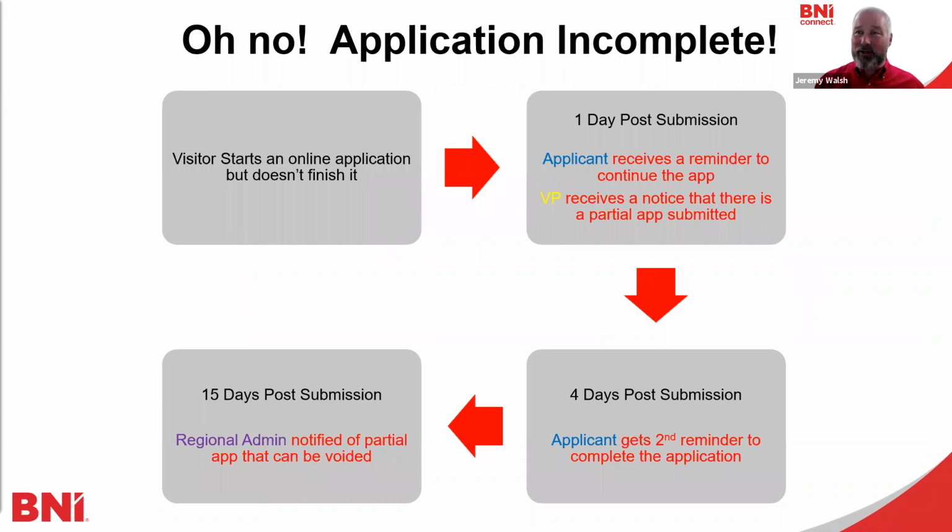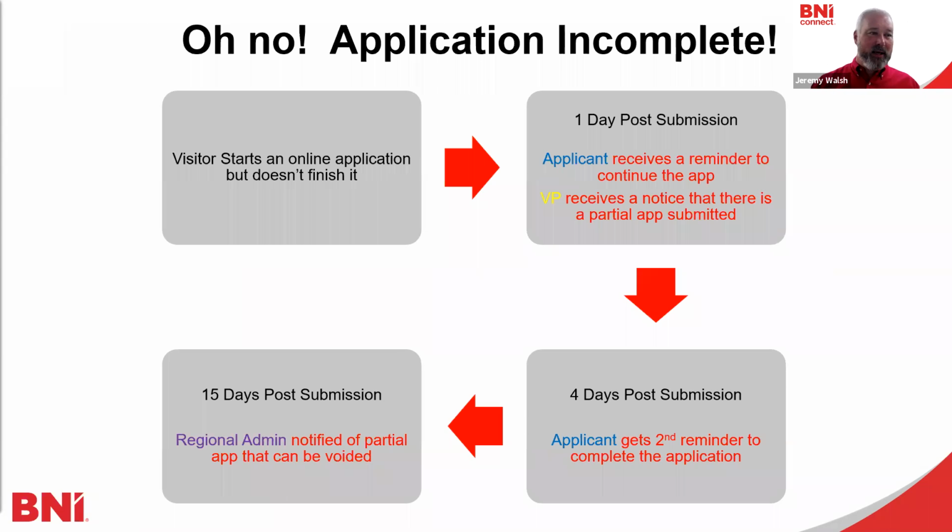Let's say the application was started but not finished. We will send the applicant and the VP a notice after 1 day that it is incomplete. After 4 days, we'll send the applicant another reminder. Then after 15 days, we'll send a notice to the regional office letting them know that this one's still sitting out there.